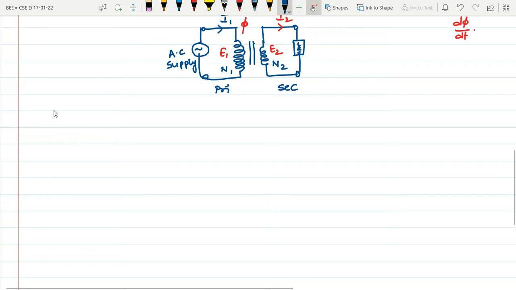Here let us assume E1 is the RMS value of the primary induced EMF. These are AC quantities, so for AC we have to take RMS values.